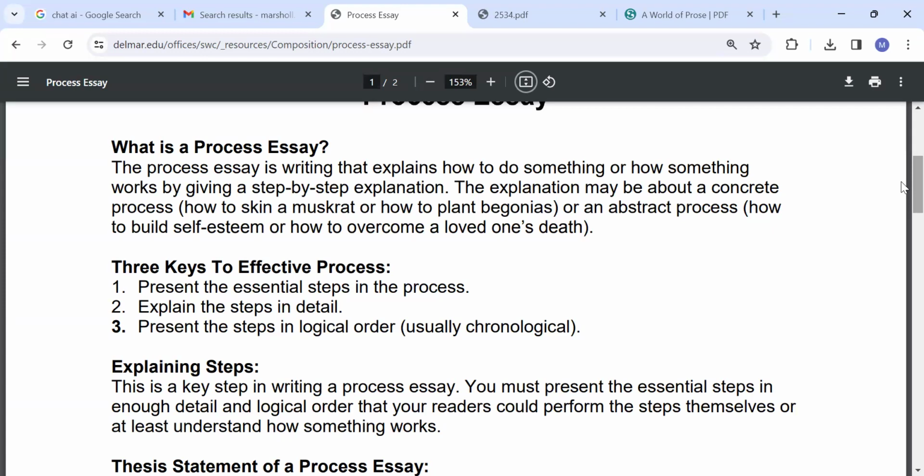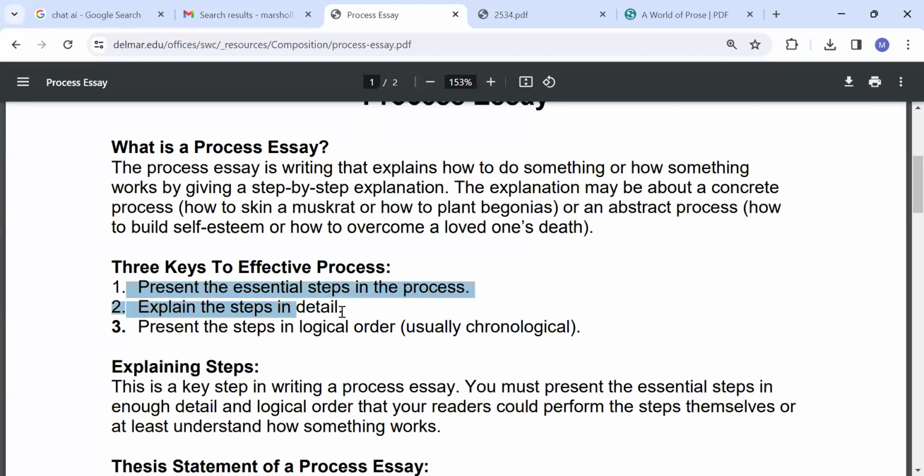Now, there are three keys to having an effective process essay, and that is you have to present the essential steps. You have to present your step-by-step process: what do I need, how many of the items I need, or exactly what are the things I need, and then how am I going to use those things or combine those things to create the outcome that I'm looking for.